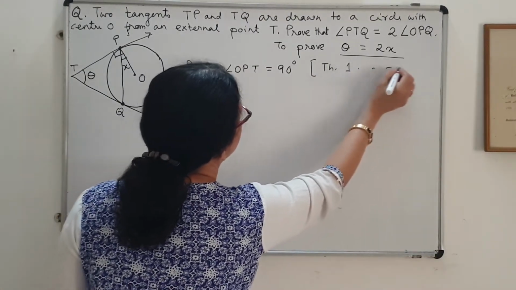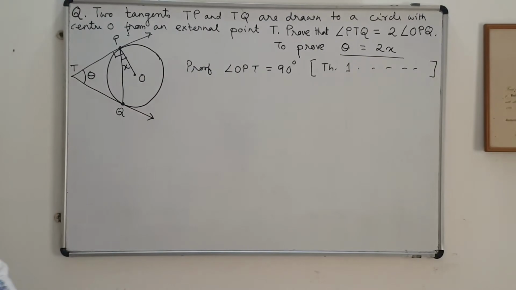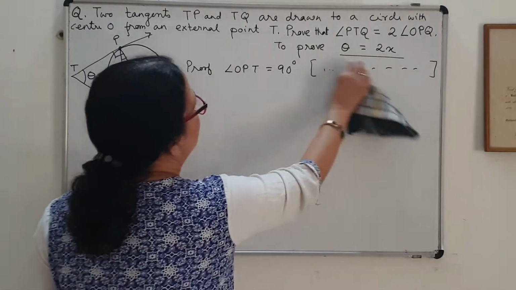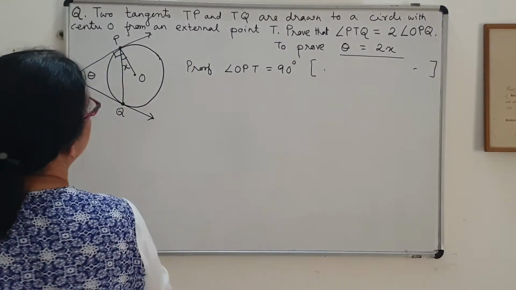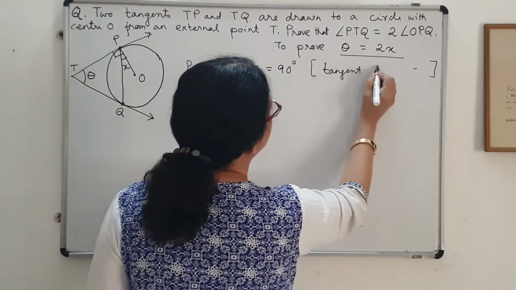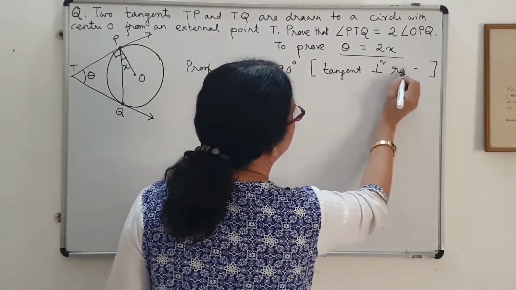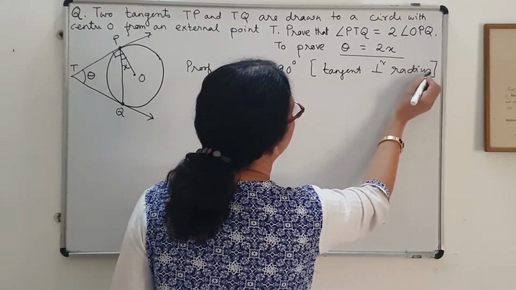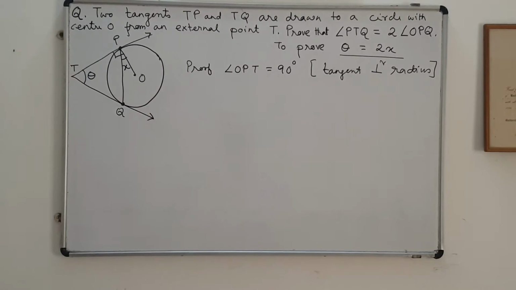You will be writing down the theorem: tangent is perpendicular to the radius through the point of contact. This is the first thing.